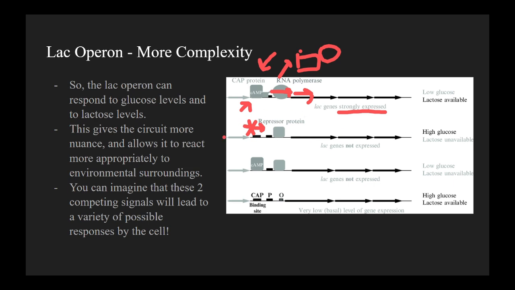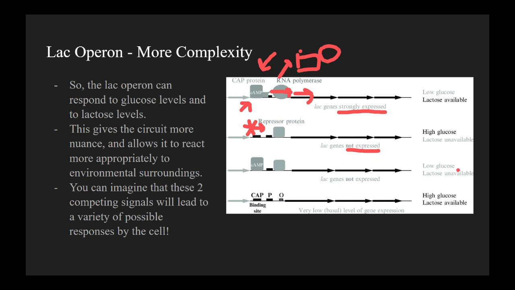So none of the RNA polymerase is going to move this way, so the lac genes aren't expressed. Which is perfect, because why would we need to express these genes when we have no lactose and a ton of glucose?